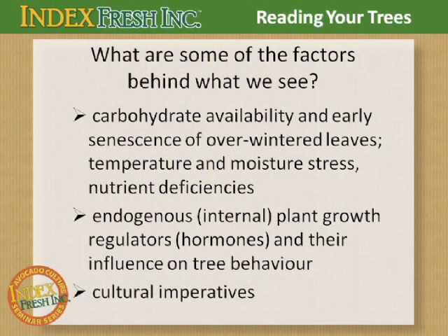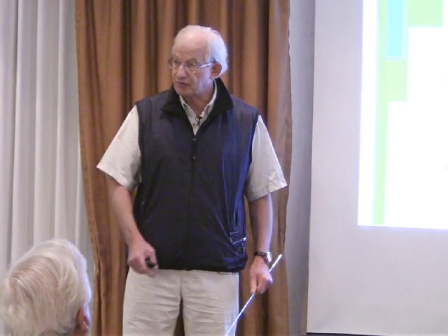The first is to ask, what are some of the factors behind what we see? You look at your grove, you see different expressions. What exactly are the causes of some of them? Well, some of it is carbohydrate availability, particularly in the spring, when you have all this tree activity. You have flowering, early fruit set, some root flush, shoot growth, all of this activity, and you are also holding late-hanging fruit.